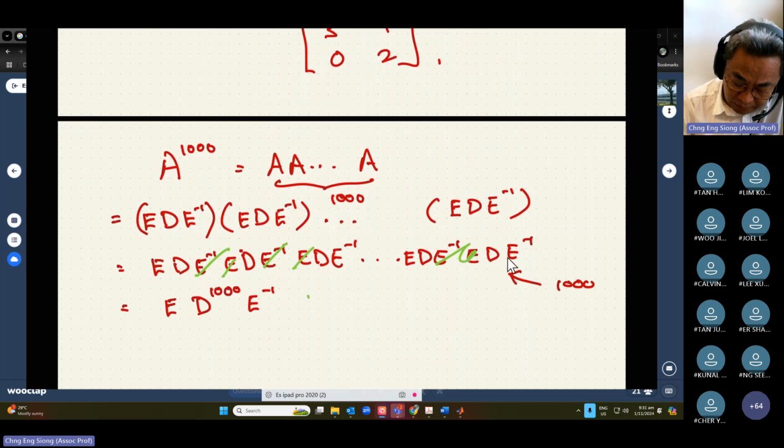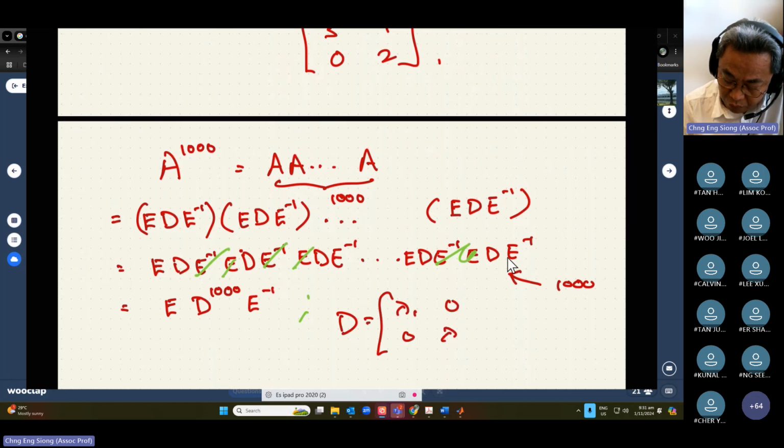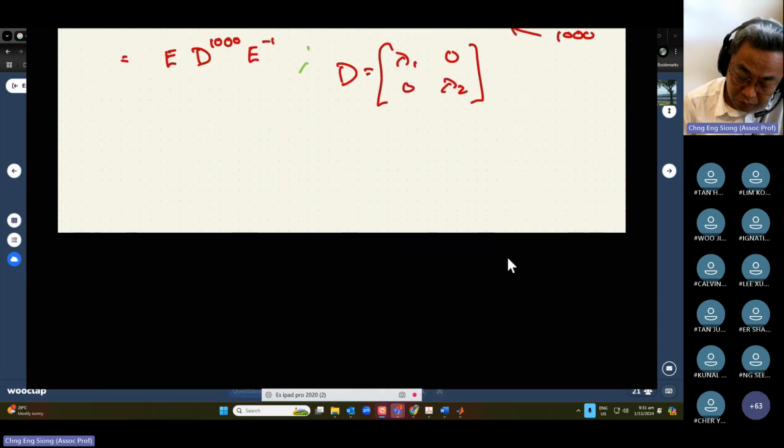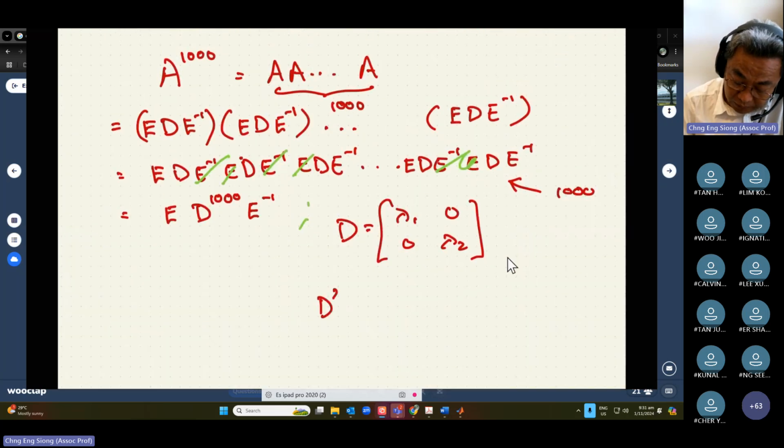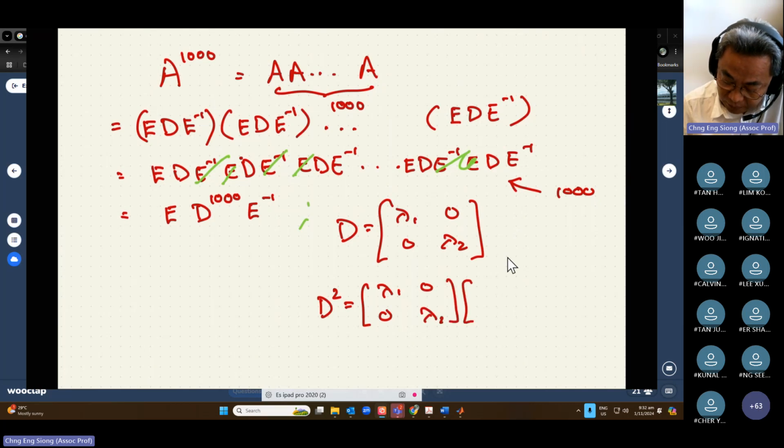And what is D, guys? D is equal to lambda 1, lambda 2, for example, right? And then now, when we want to do D squared, basically it's the same.